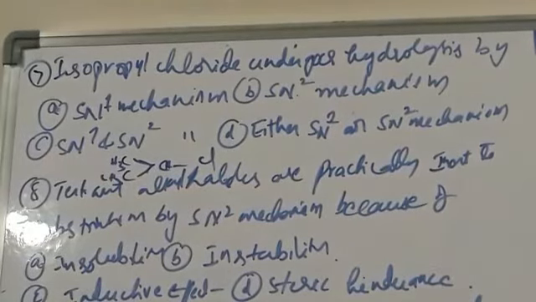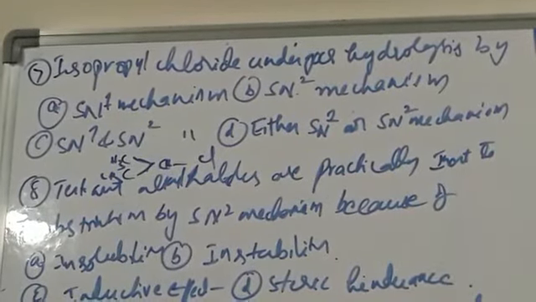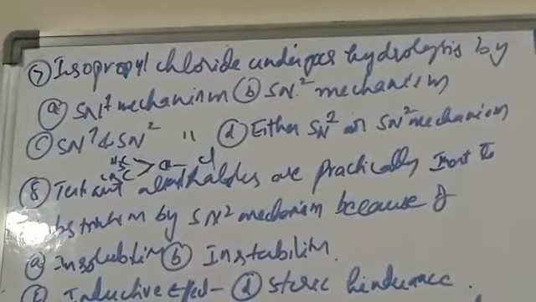Okay. So you know that for SN1 reactions, the order of reactivity is tertiary alkyl halide is greater than secondary, secondary is greater than primary. For SN2, that is primary is greater than secondary, secondary is greater than tertiary.